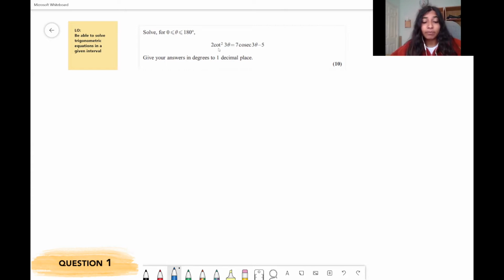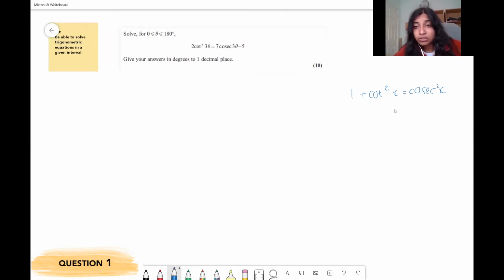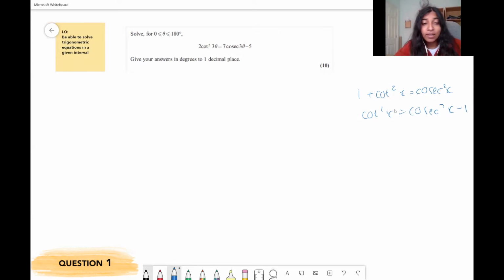So if you remember from the trig identities, one identity is that 1 plus cot squared x is just equal to cosec squared x. So we can rearrange this identity to get cot squared x is just equal to cosec squared x minus 1. So now we can just plug in this identity into our equation.